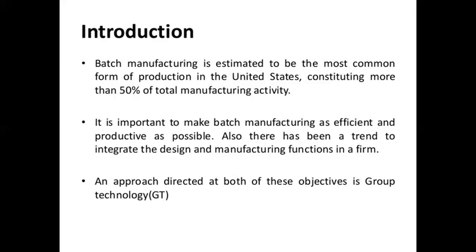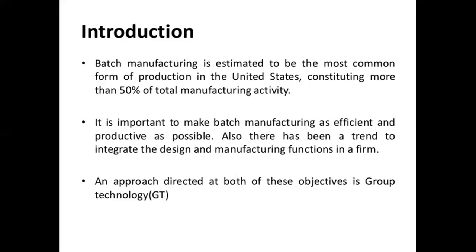As you know, we have various types of production: job, batch, and mass production. Batch production is estimated to be the most common form of production in the United States, consisting of about 50% of total manufacturing activity. That's the reason why it is important to make batch manufacturing as efficient and productive as possible, so that you can bring your output with very good accuracy.